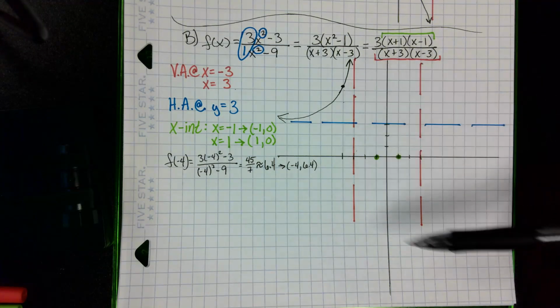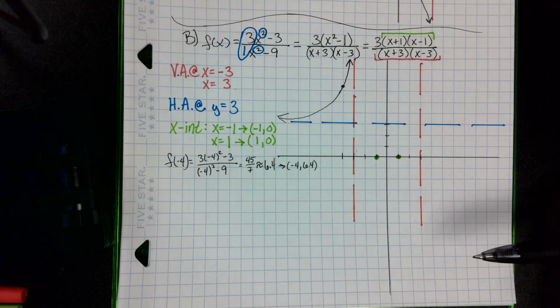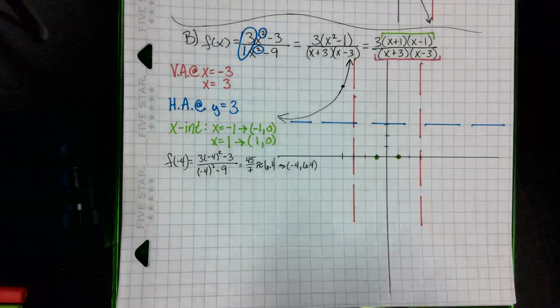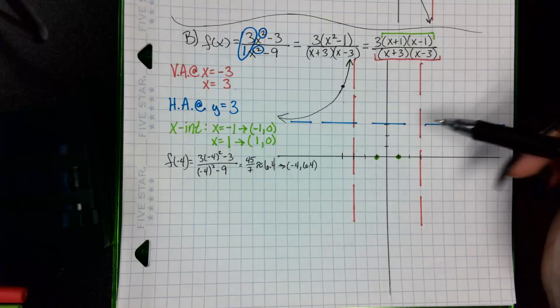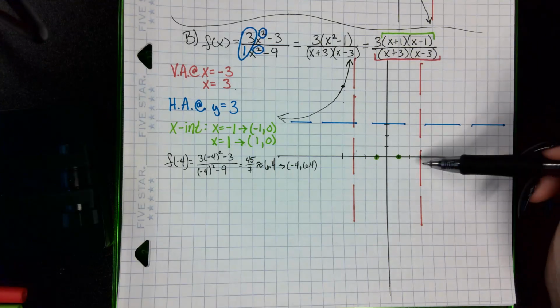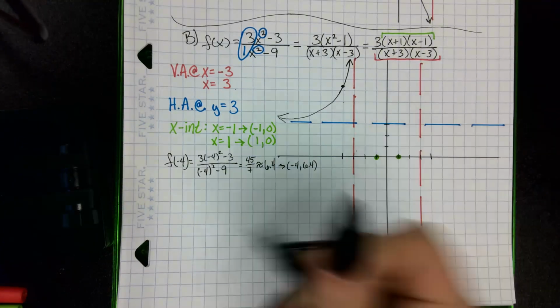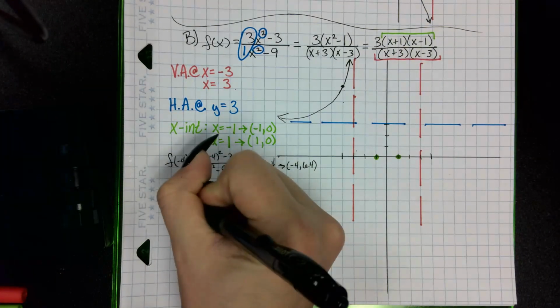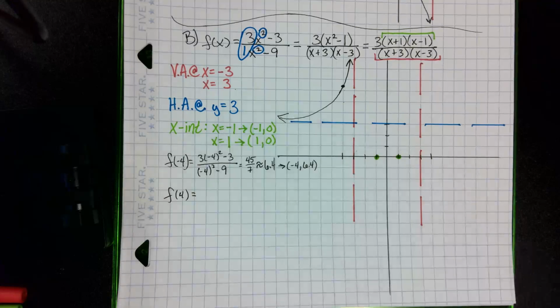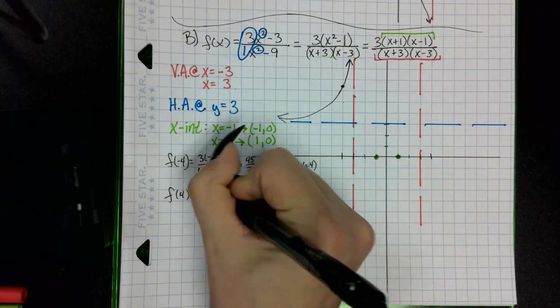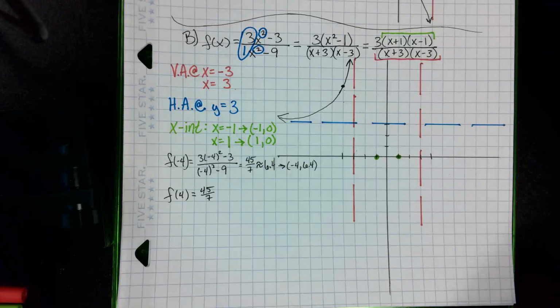And then I need to test, you know what, let's just do the two outsides first. So then I'm going to test the far right, because the middle is a little weird. For the far right, I need a point to the right of that asymptote. That was at positive 3, so I'm going to test the point positive 4. So f of 4, I'm not going to write it all out. It also gives me 45 over 7 when I calculate it.